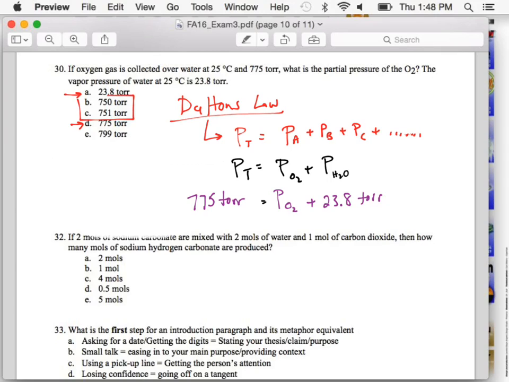What do you think is being asked for there? It's probably a sig fig thing. And then 799. How do we get 799? We added them. What did we need to do? Subtract them. So again, just random combination of numbers will very often lead you to the wrong answer. So what does that come out to? 750.2?